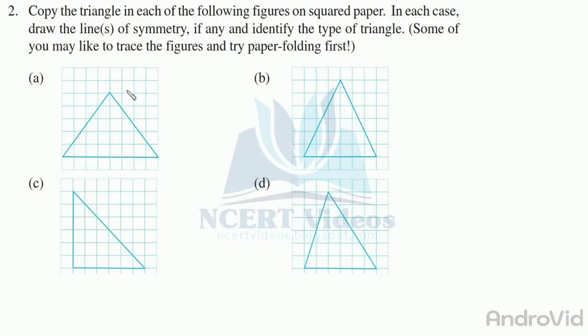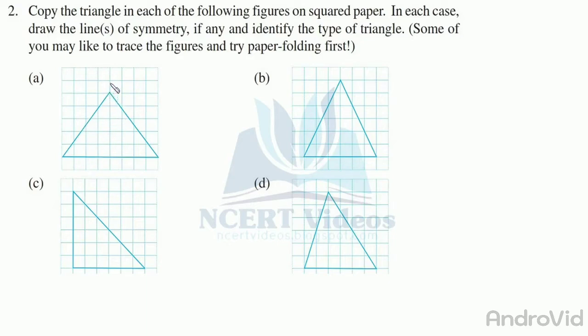We will do it in this question itself because it is already placed on the square paper. You can see it is an isosceles triangle because only these sides are equal, 1, 2, 3, 4, 5, 6, and again 1, 2, 3, 4, 5, 6. So this is an isosceles triangle.